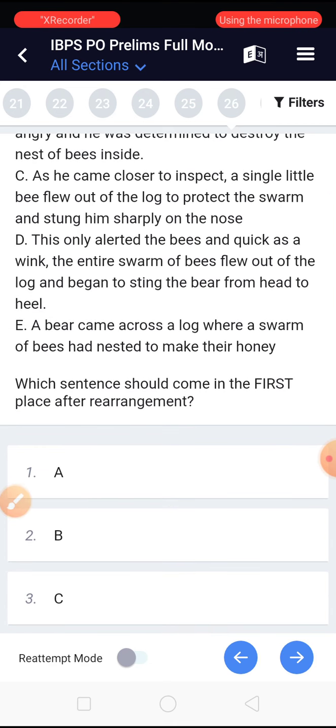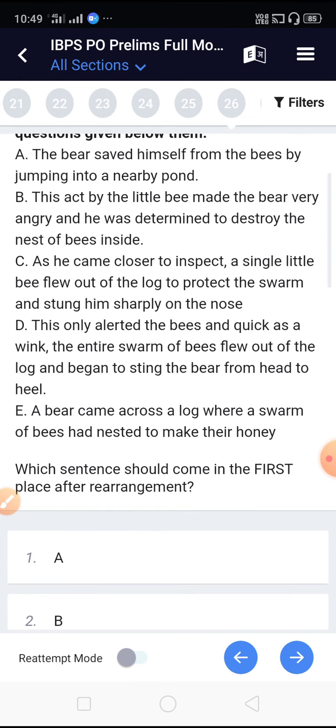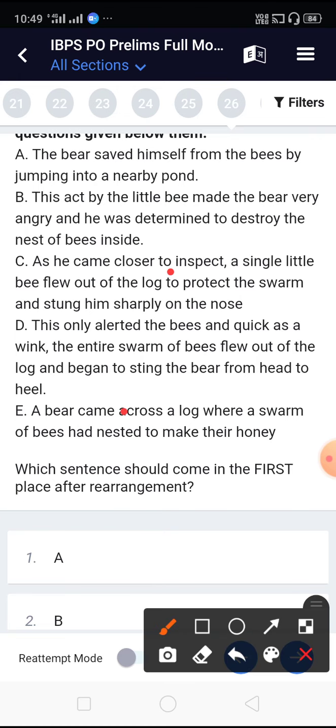A bear came across the log where a swarm of bees had nested to make their honey. ई सी, as he came closer, ओ कैम्प मिल रहा है, came closer to inspect a signal, little bee flew out of the log to protect the swarm and stung him sharply on his nose.